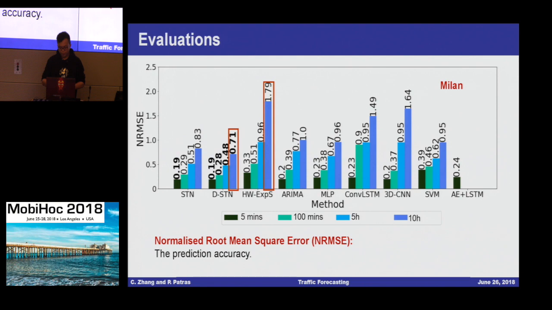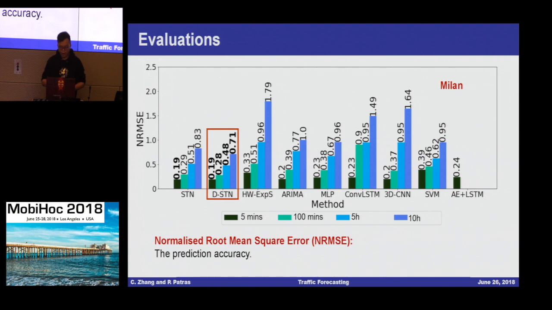And finally, let's look at the 10 hours prediction. You can see that the D-STN only gets 0.71 error, which is almost half of the error that exponential smoothing gets, which means that our proposal is suitable and works well in long forecasting.